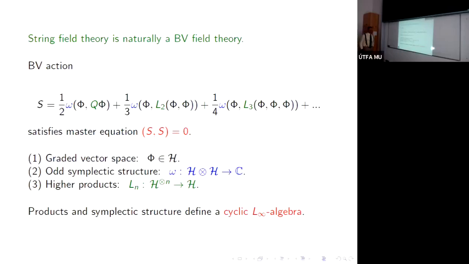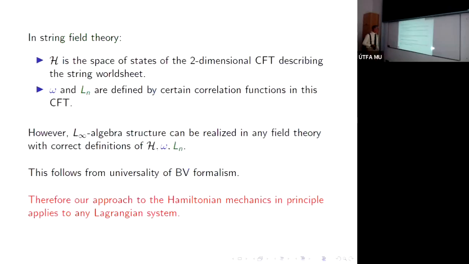The point is that this vector space, together with this inner product and these higher products L_n, defines the structure of a cyclic L-infinity algebra. So these are the ingredients of a BV field theory.